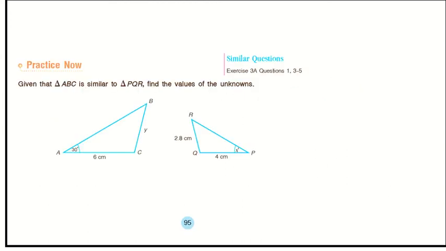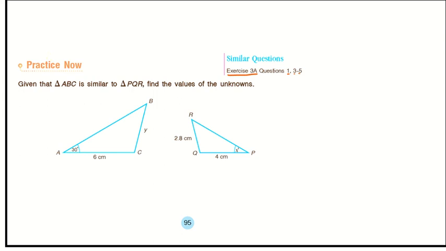So you go to page 95, you do this question for practice, and when you finish, you go to exercise 3A and you do question number 1, number 3, up to number 5. These questions are similar to example number 2.